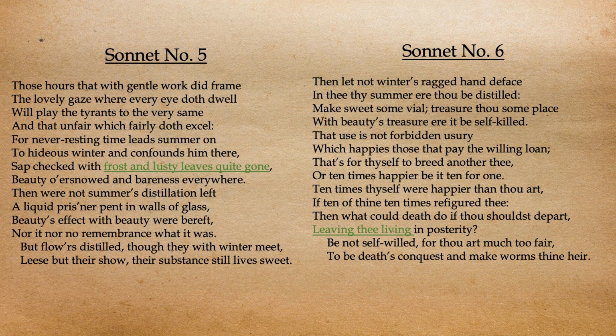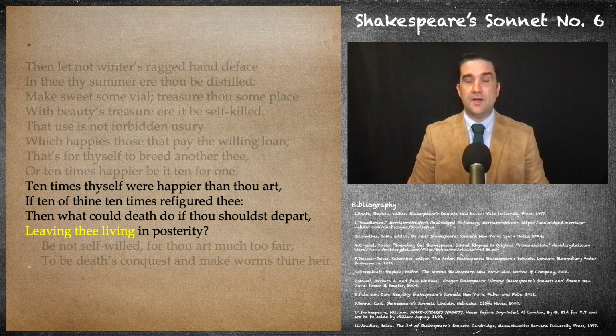Well, here we find that cycle in effect. Procreation will extend the life cycle of the young man's genes. Yes, he will lose his lusty leaves as he withers and dies, but in the youth of his children, those leaves return. And in addition to Booth, I'd just like to add one more understanding of this word leaving.